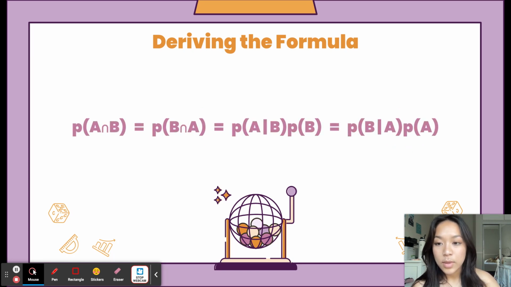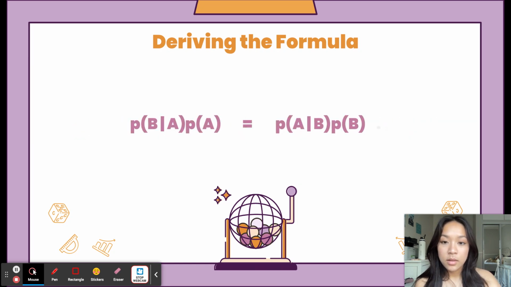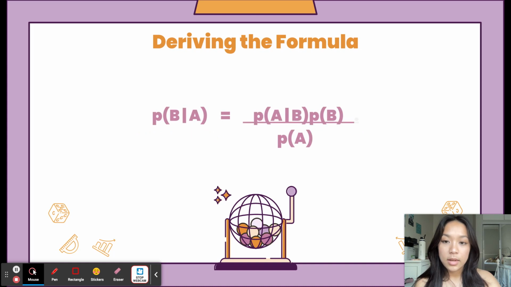So now doing that, we have A intersect B, which we also now know is the same as B intersect A, is equal to both A given B multiplied by B or B given A multiplied by A. So we can now divide both sides by P of A to get P of B given A, which is equal to A given B multiplied by B divided by A.